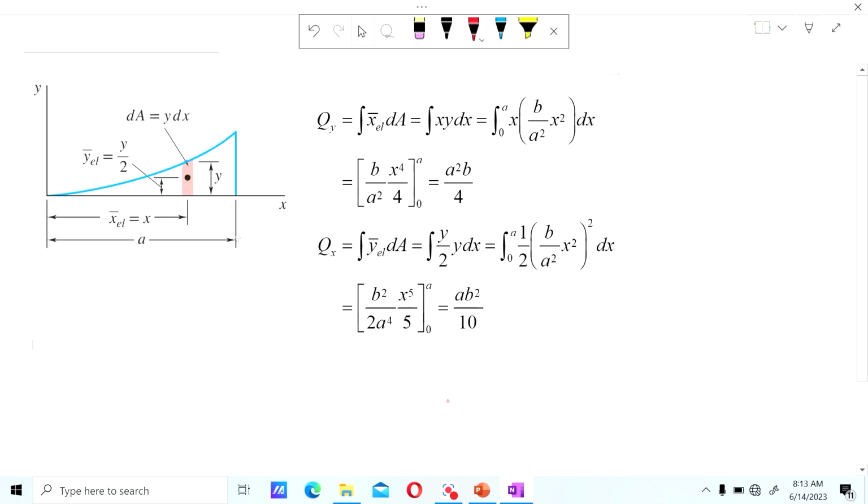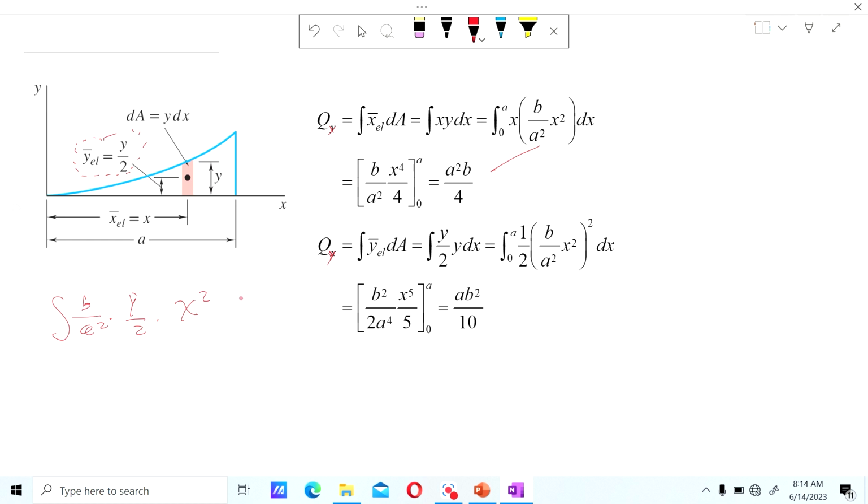All right, let's try this again. So we already have this part done, and we're saying that this is actually an x, and y is the y distance, which is y over 2, therefore the integral is b over a squared times y, which is y distance over 2 times x, which is the x squared.